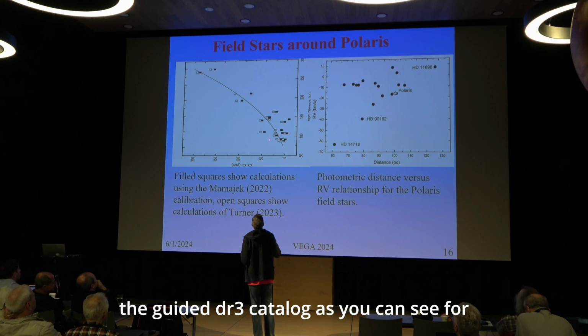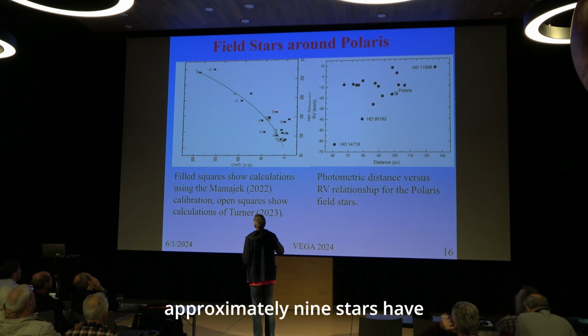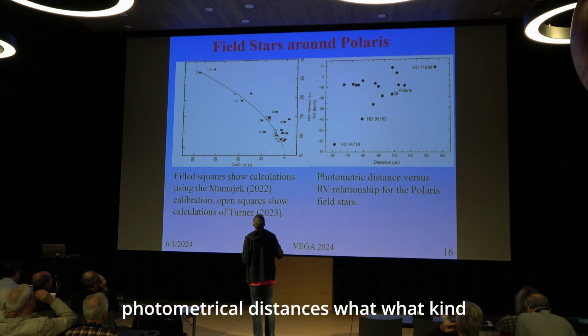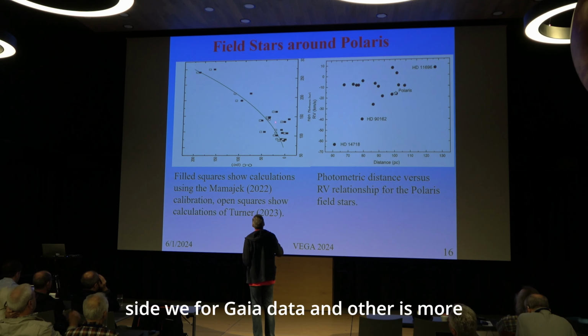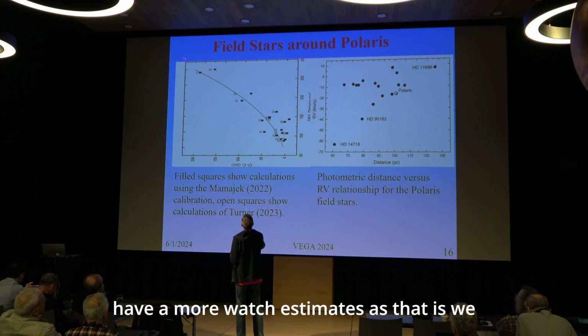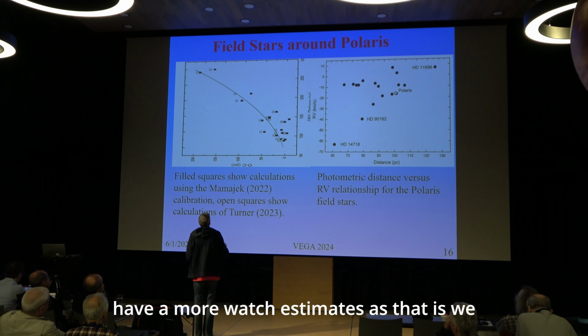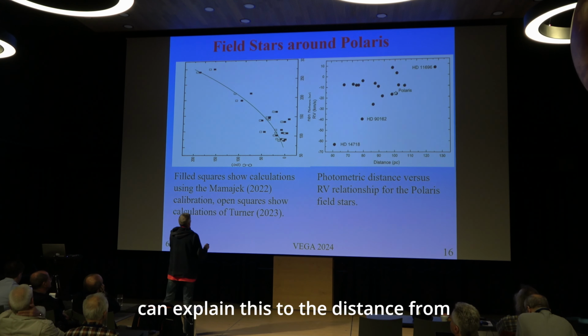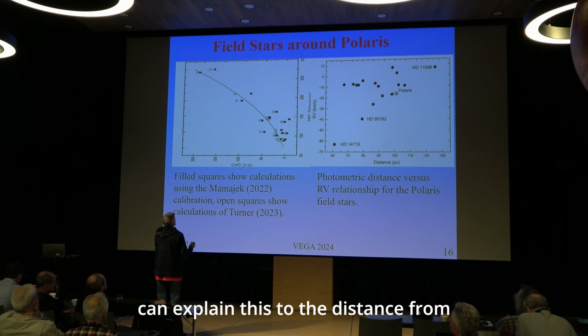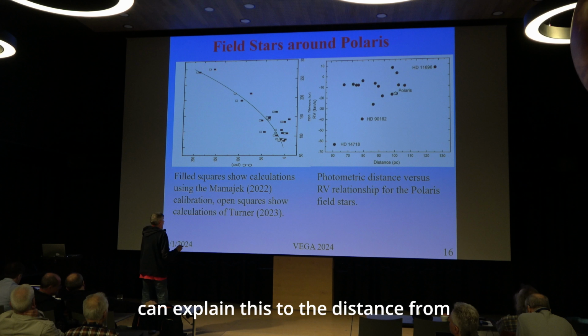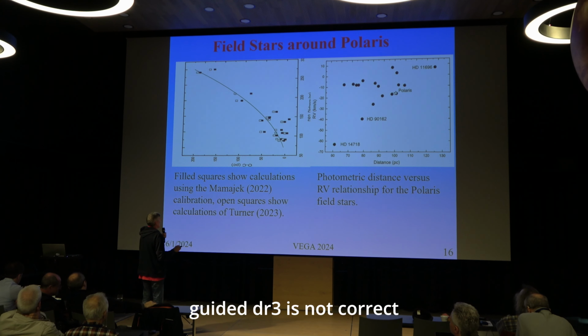As you can see, approximately 9 stars have photometric distances which coincide with Gaia data, and the others have larger estimates. As a result, we can explain that the distance from Gaia DR3 is not correct.